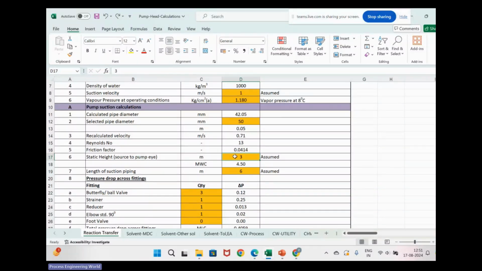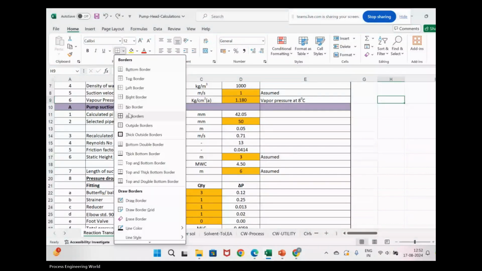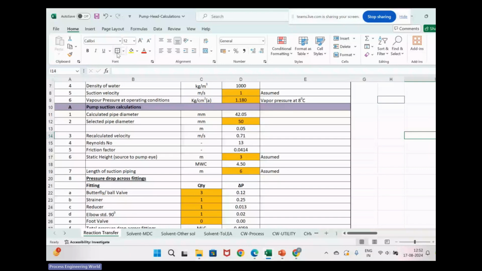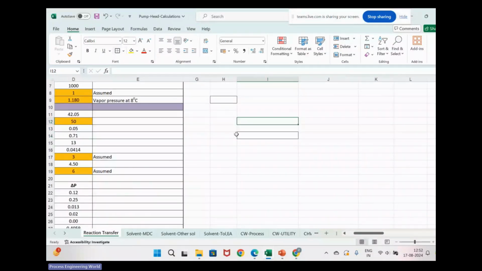What will be the end point where you want the height? Let's say this is your vessel, and this point is your pump. This is the line distance from the center to this point, and the liquid is filled to 50%.